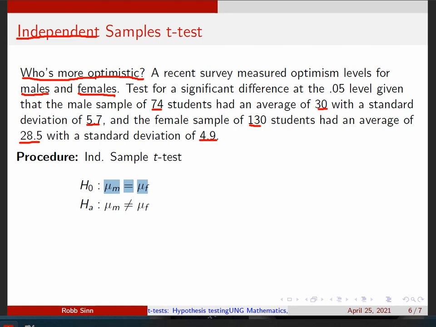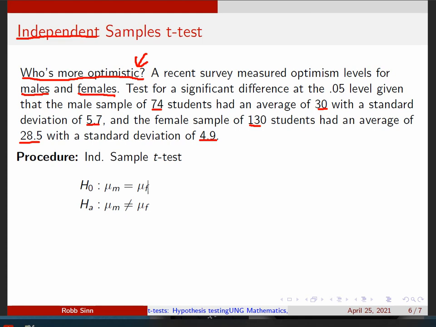Okay, but look at the actual research question, because you don't make the alternative hypothesis based on data snooping to see, oh wait, the average here is higher than this average, so I'm going to use it. No, I'm not going to use a greater than. What am I going to use?